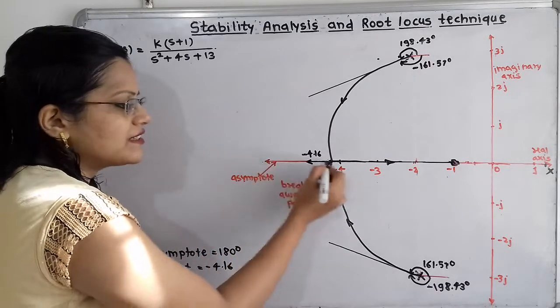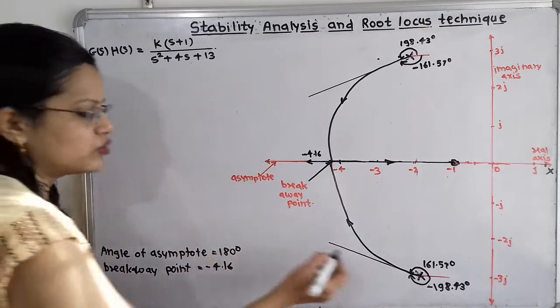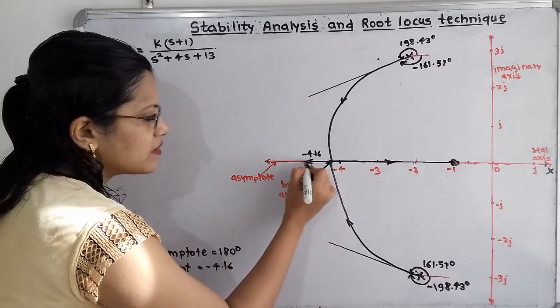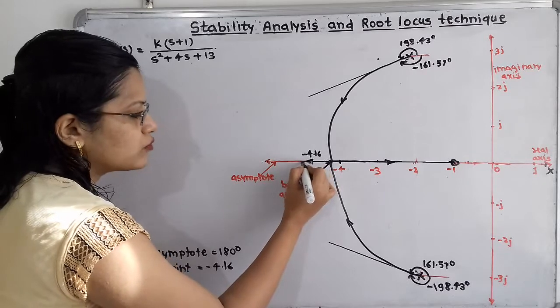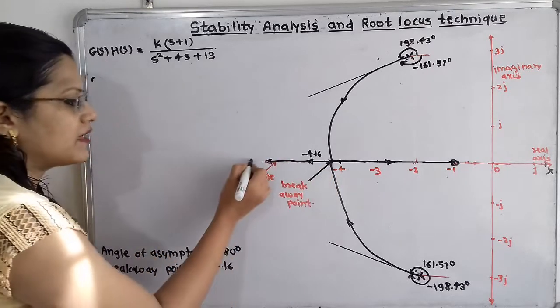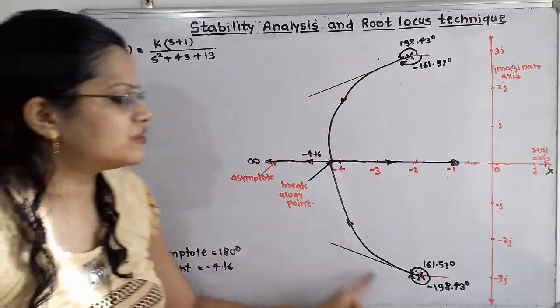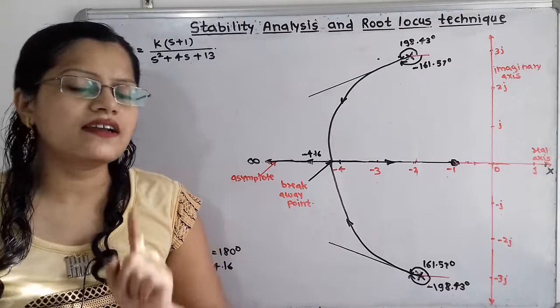So the asymptote is at an angle of 180 degrees. So with the help of red marker I have shown. So this other branch will terminate at infinity. So we have to show the arrow in this direction, and here is the branch that will terminate at infinity. So in this way the sketch of root locus is getting completed.